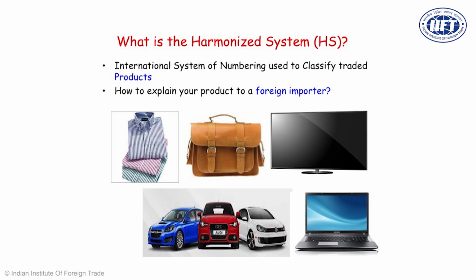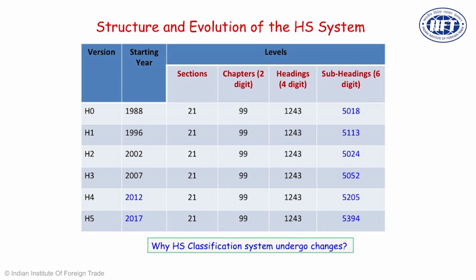The harmonized system, or HS system as we are going to call it, is based on a classification which goes by even numbers, that is 2-digit, 4-digit, 6-digit, 8-digit or 10-digit.